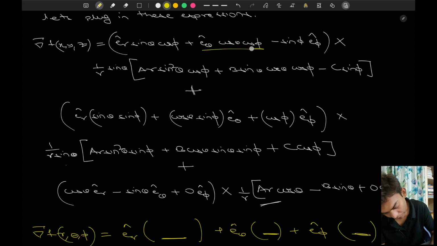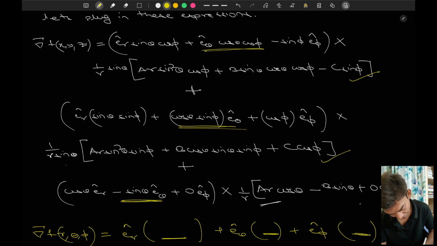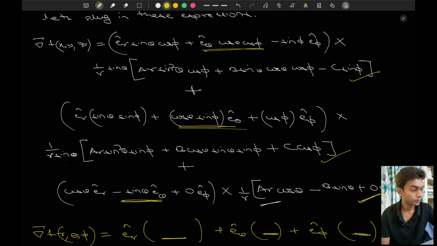What we have to do is to take this term and multiply with this entire term, and take this term, multiply with this entire term, and take this term and multiply with this entire term, and then we have to collect coefficients, right? That's what we have to do. So let's do that. Again, it's a simple task. All it needs is patience.